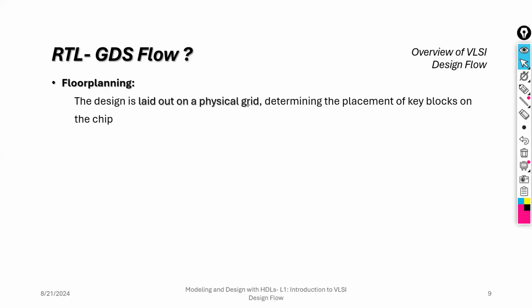All these blocks determine what kind of area of the chip we need to have. All those things will be fixed in the floor planning phase. It is not actually placing the standard cells here. It is about what the essential blocks are that are there. The blocks will be placed in the floor planning.